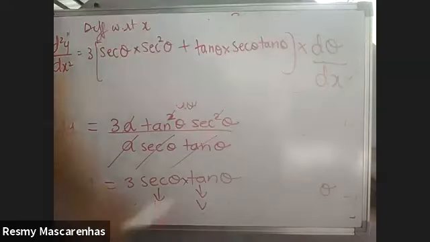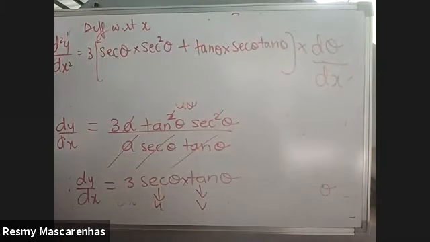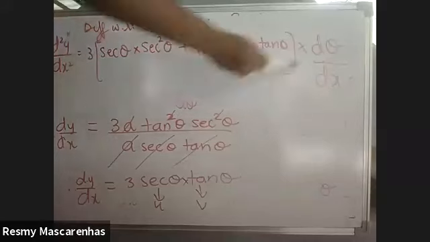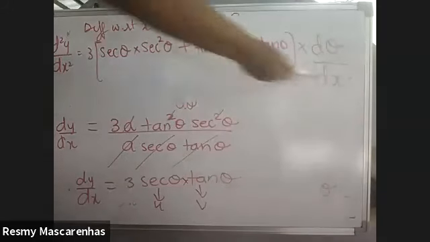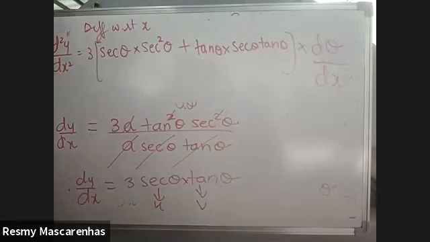This is d theta upon dx. So substitute the value of d theta upon dx. From that, dx upon d theta, make it ulta.